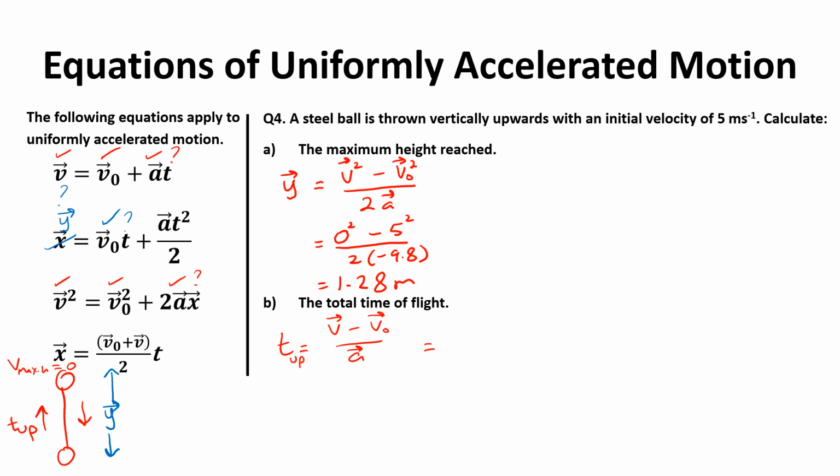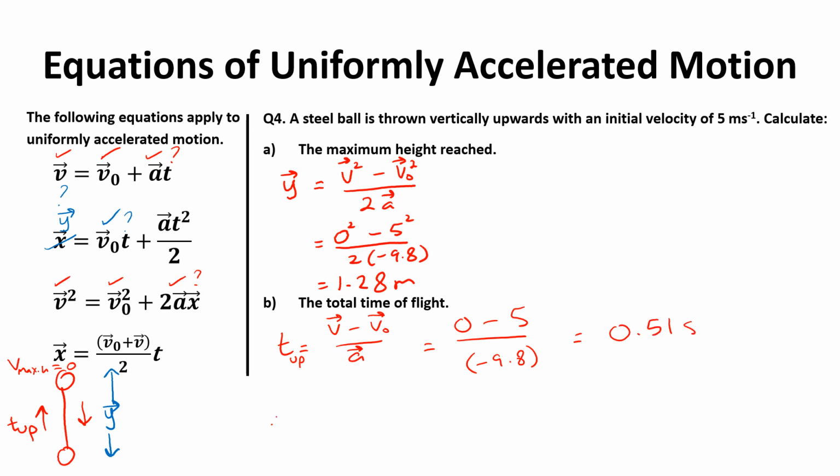So let's sub in the values. The final velocity is 0. The velocity at maximum height is 0. The initial velocity is 5 upwards, so minus 5 over the acceleration. The acceleration is negative 9.8. So calculate this, we get, so minus over minus cancels out, so we just have 5 over 9.8, and we get 0.51 seconds.